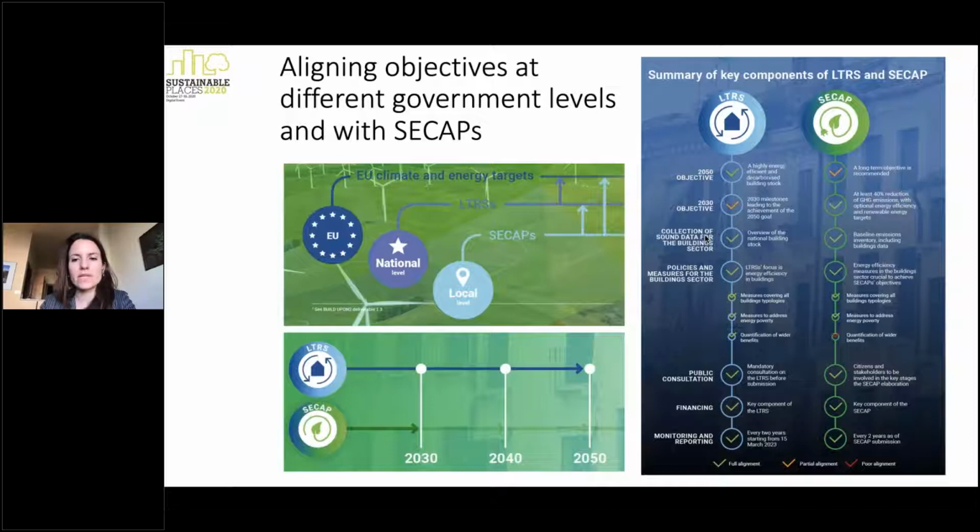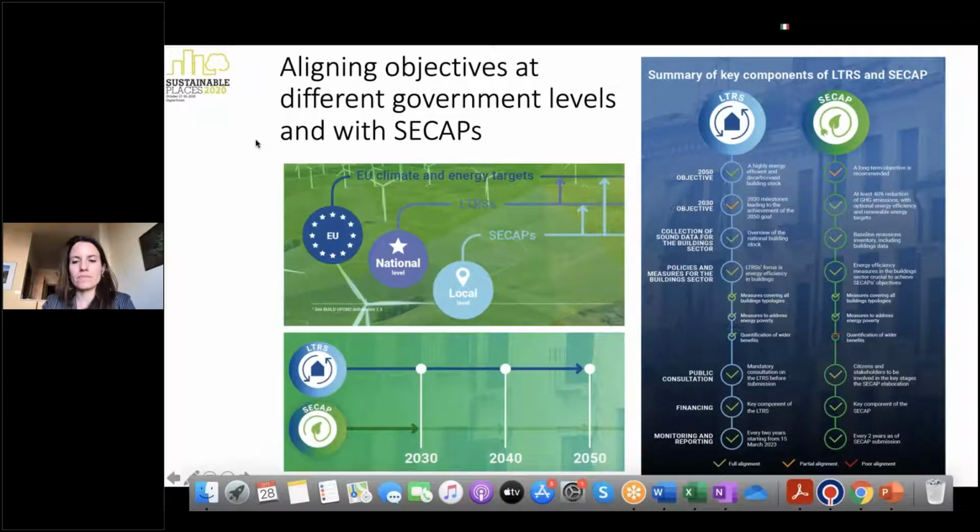Both of them interest the building sector as a whole, but under the CCAP, cities define specific initiatives, whereas the long-term renovation strategies require milestones and targets for the different parts of the building sector. Monitoring is an important part of both initiatives.